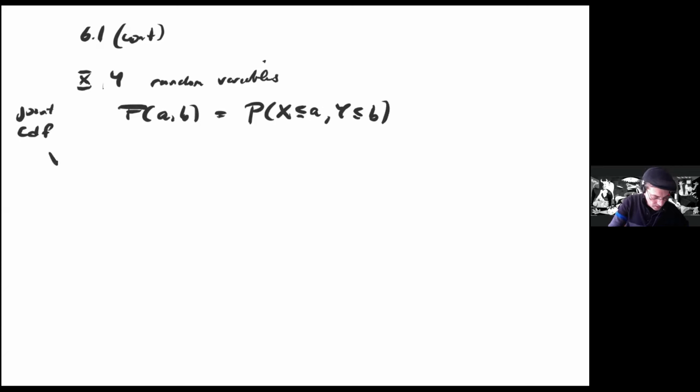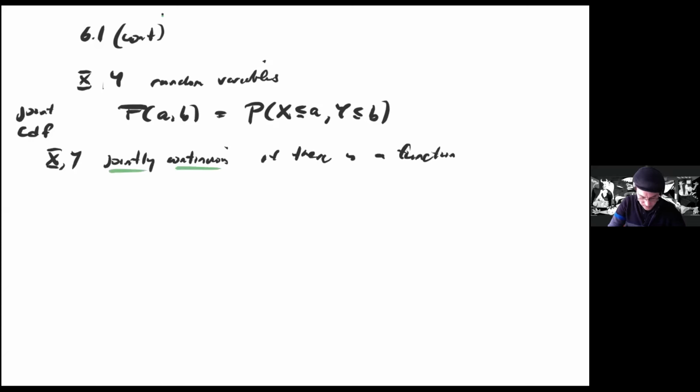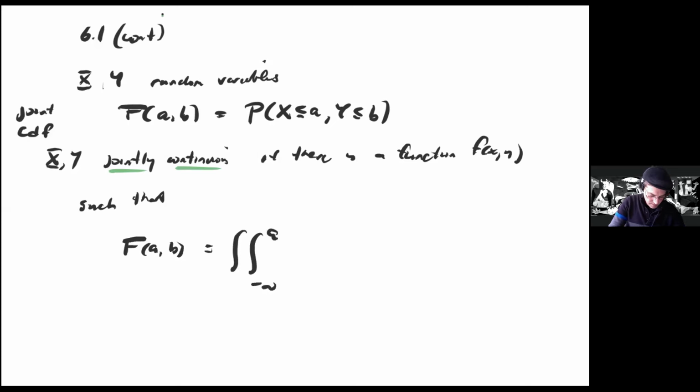And we say that X and Y are jointly continuous if there is a function of two variables, f of x, y, such that we can compute F of A, B as a double integral, minus infinity to A, minus infinity to B, of this function f of x, y dx dy.